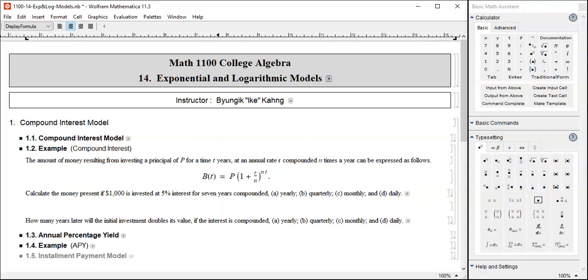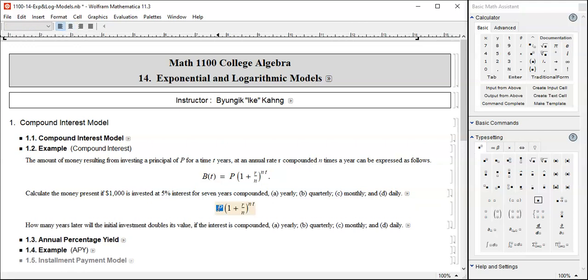So, 1,000 times 1 plus 0.05 over, say, 12 to the 12 times 7 years. And then punch it into the calculator, you're going to get the answer for the balance for monthly reinvestment.